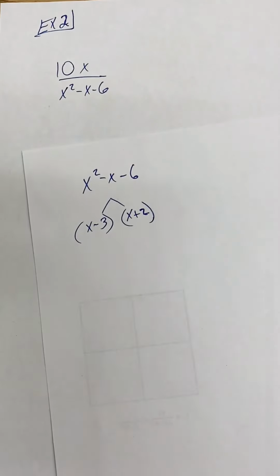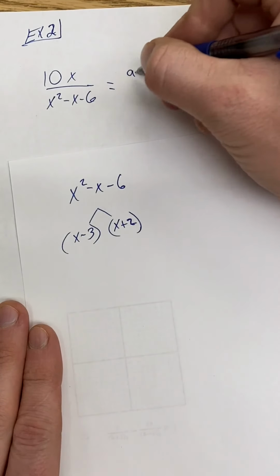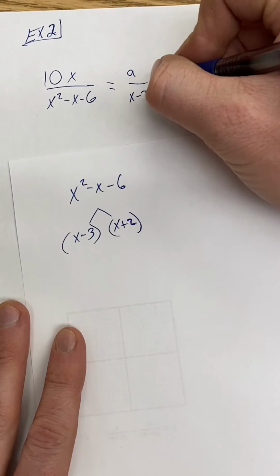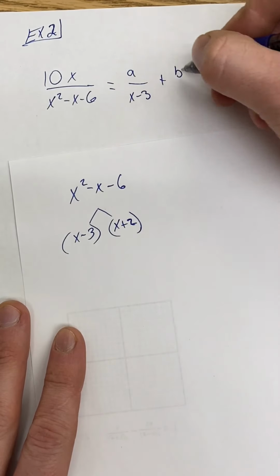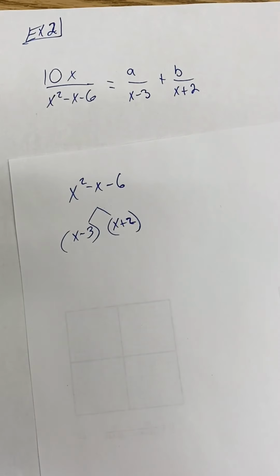So here it is already done. If I factor that down, I get x minus 3 and x plus 2. So the idea is something, and I'm going to call it A, over x minus 3 plus something else over x plus 2. When these two fractions are added together, they would create this fraction.